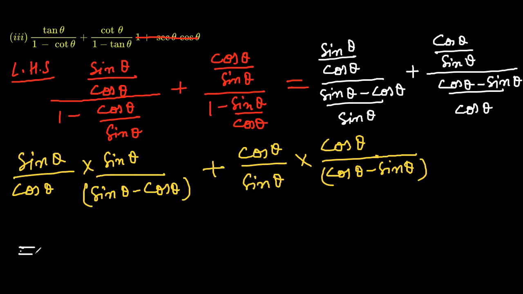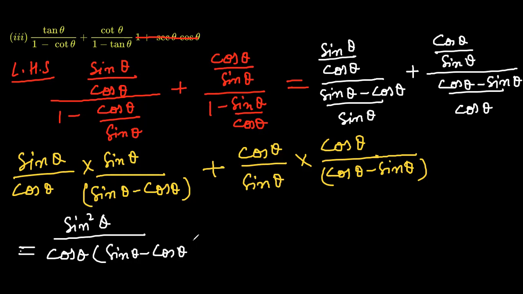We would have this is equal to sine square theta divided by cos theta, first term sine theta minus cos theta, and for the second term we are going to take -1 common from the denominator. And you know that in a fraction, suppose a fraction is x over y, it is the same whether the denominator is negative or the numerator is negative, or you write the negative sign in the center. All these three expressions have the same meaning.